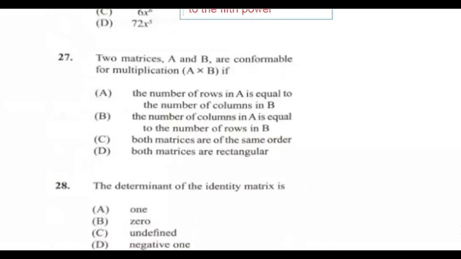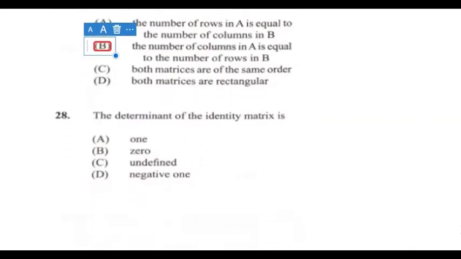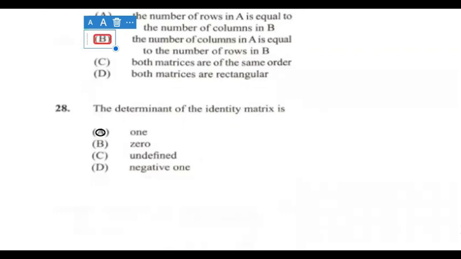27, two matrices A and B are conformable for multiplication A times B if, and this is some kind of theory that you should have known throughout the entire year of doing math, the number of columns in A is equal to the number of rows in B. So matrices are conformable for multiplication if the number of columns in A is equal to the number of rows in B. 28, the determinant of the identity matrix is, and some kind of theory again here, guys, the determinant of the identity matrix is 1.